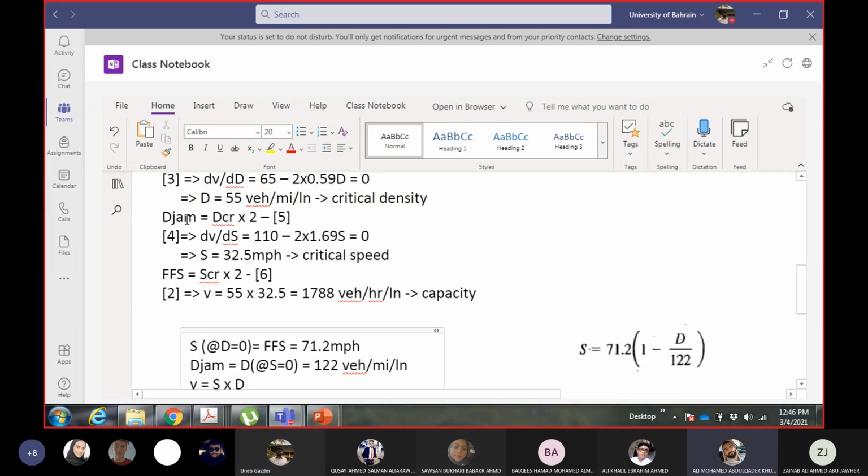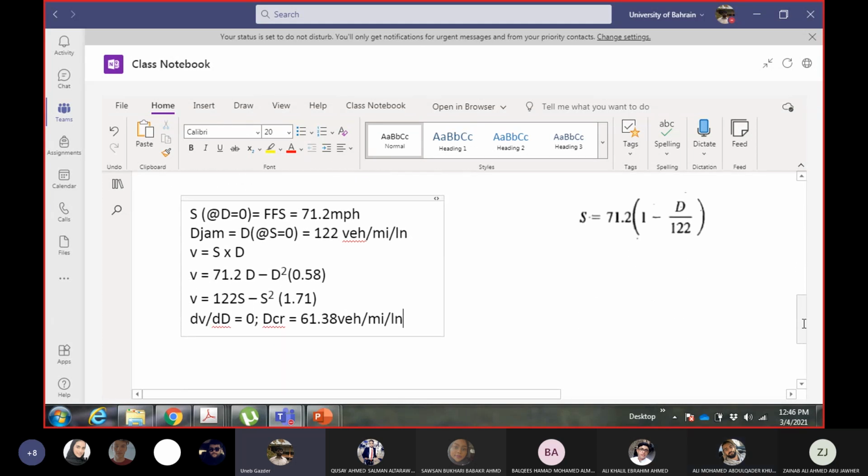So if I have jam density, which you already calculated, you can also do jam density divided by 2, and it will give you approximately the same answer. Both approaches are correct.